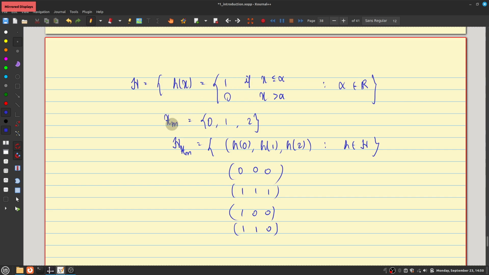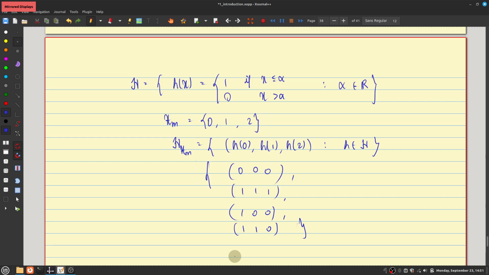So for example, if you take xm to be equal to 0, 1, 2, which is a subset of the real line, and you take every h from this set, and then find out what happens to h of 0, h of 1, h of 2, then in this particular example, you get 4 possible functions, right? You can think of them as functions, or as vectors or arrays.